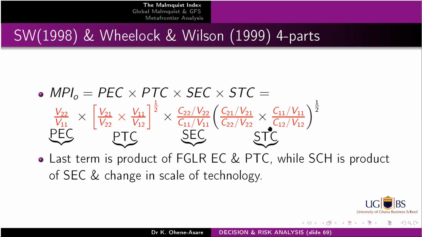This last term is a product of the Fare, Grosskopf, Lindgren and Roos efficiency change, and then the pure technical change. Whilst the scale change here is a product of the scale efficiency change and another one they call change in scale technology.